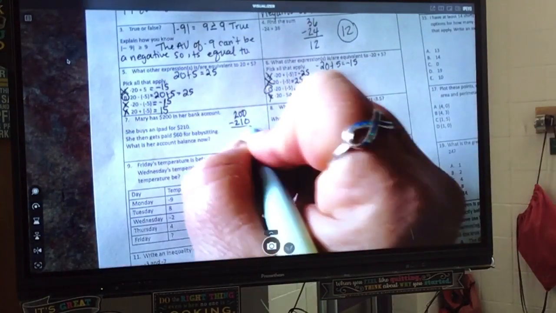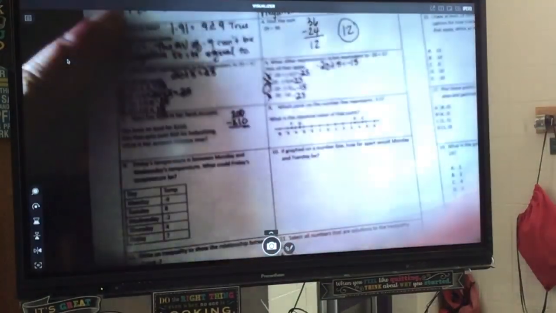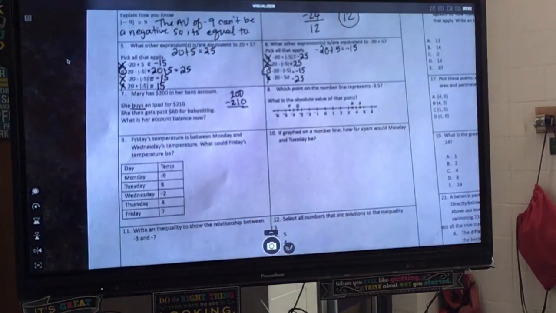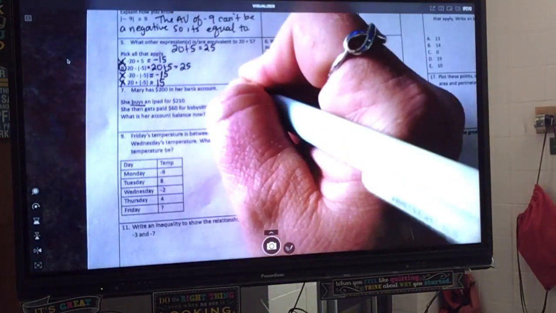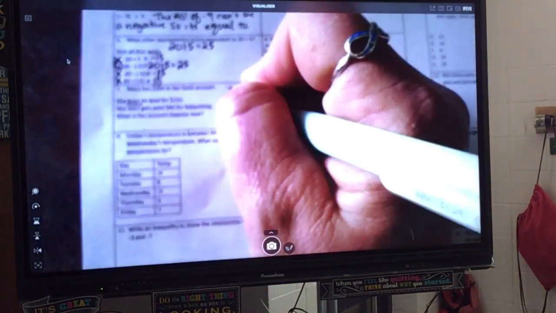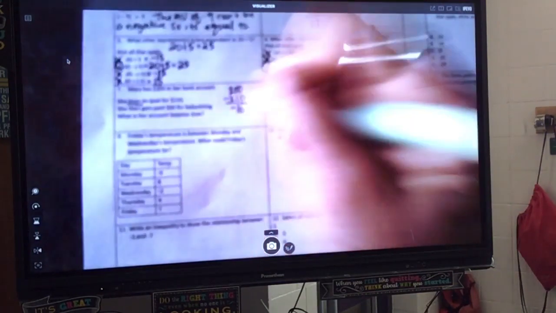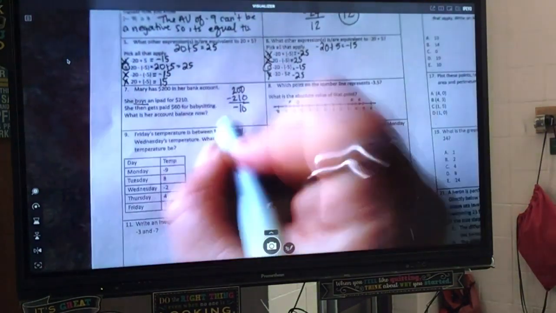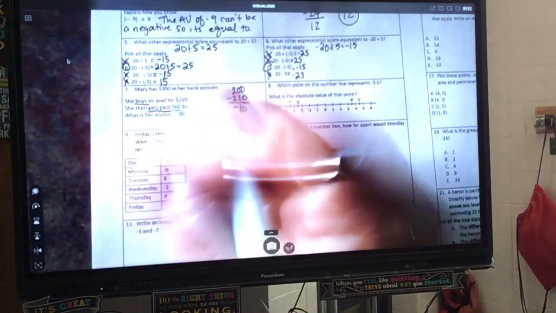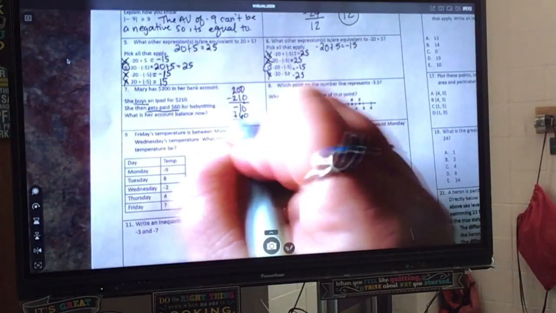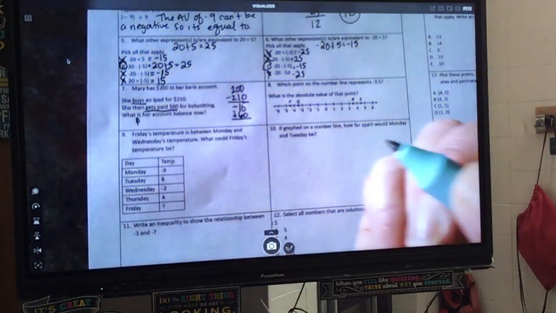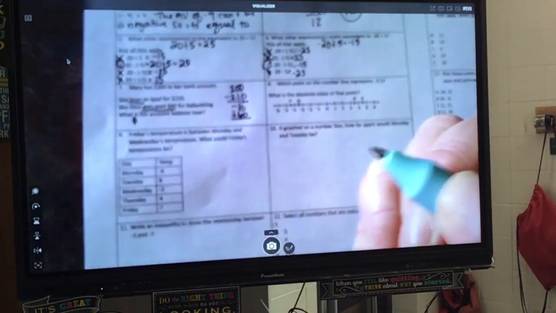What's the key word there? It says she buys, not gets. Okay. So what's our answer when we do 200 minus 210? Negative 10. Perfect. And then what, Troy? She gets $60, so it's plus 60. So then what is her final account balance? It will be $50. Yep.